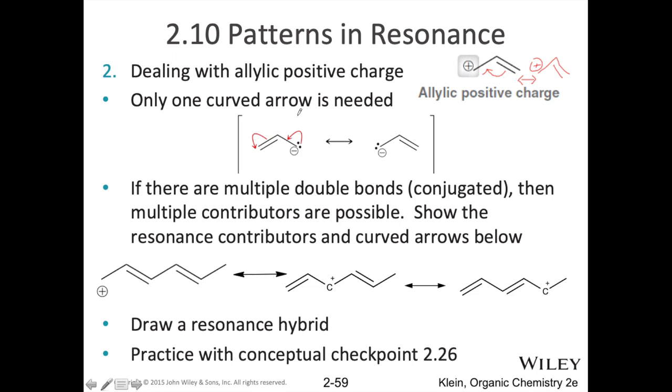So unlike with an allylic negative charge, or with a lone pair where you've got 2 arrows, here you only need 1 arrow for this to work. Now you can have a conjugated system where there are multiple double bonds that alternate with single bonds. You have to be ready to draw multiple arrows if that's the case. So for example, I could have one of these shift over to make this intermediate resonance structure.